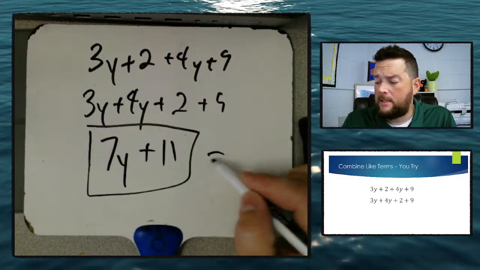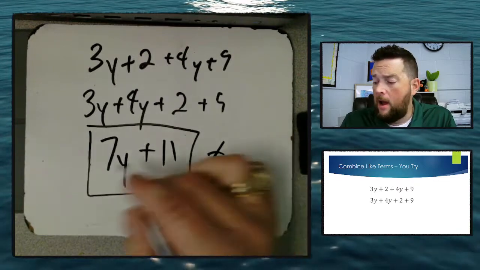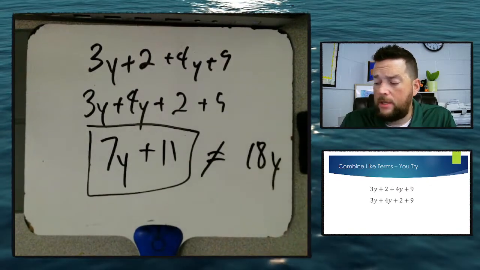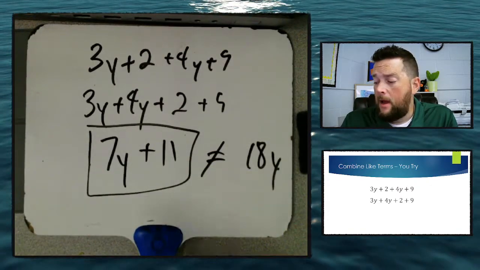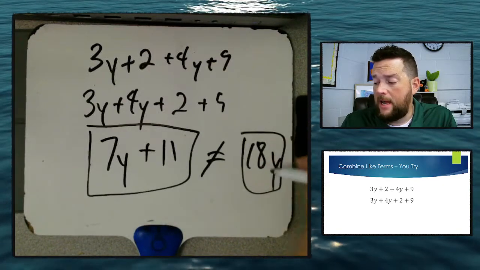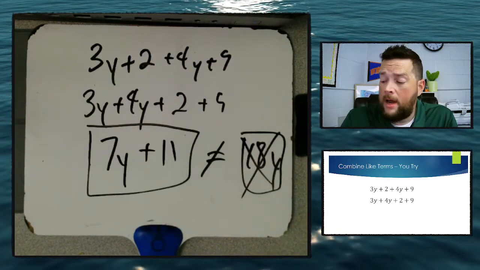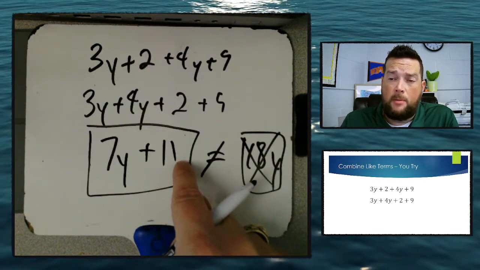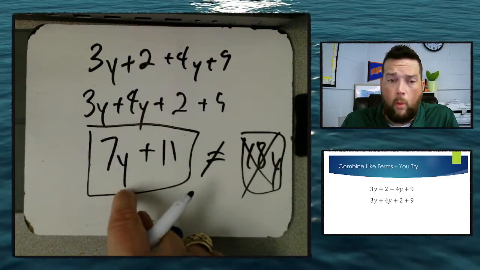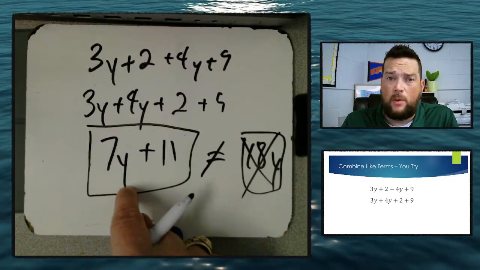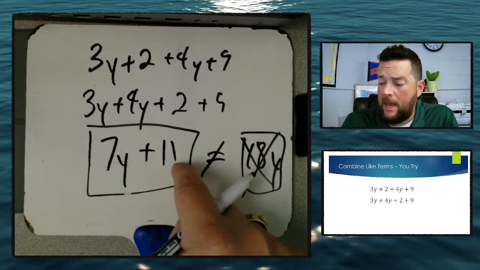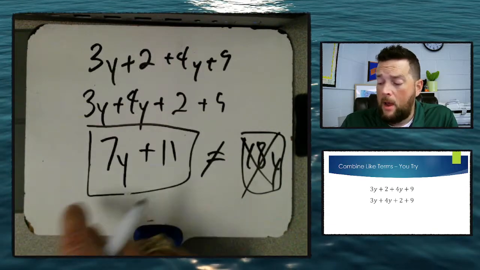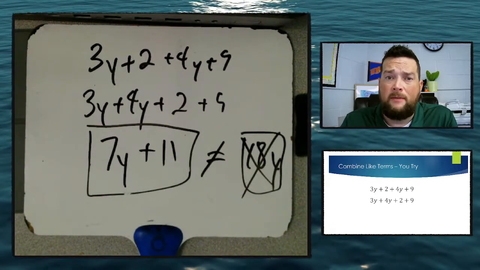Do not make the mistake, all right, of going on and adding those together just like that. This is a common mistake. It's wrong, because that 11 right there does not have a variable of y. And since we don't know what y equals, we can't add that 11 to it, all right? Y could be any number, an infinite number of numbers.